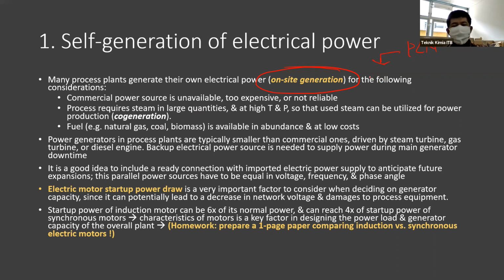Because the PLN, our country's electric producer, has its own limit. Suppose on this day they produce 50 megawatts, they will need to deliver to the consumer 50 megawatts of, suppose, 220 volt, 50 hertz.